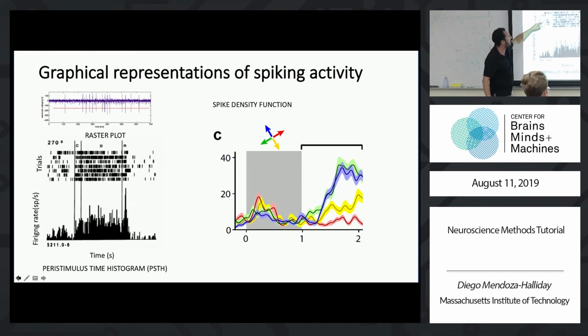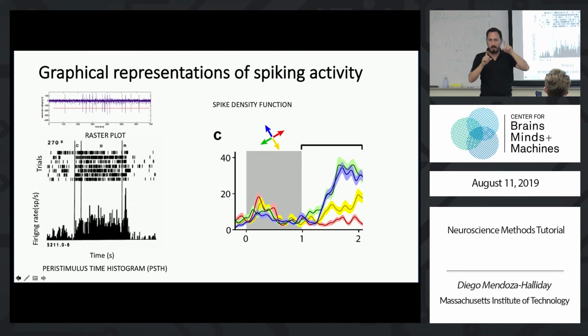You can have many trials, and that gives you an indication of the replicability of your data and how variable it is across repetitions. Another way to gather a more averaged version is to create a frequency histogram of that spiking activity over time, which we call a peristimulus time histogram, or PSTH. I don't tend to like them so much because they're spiky.